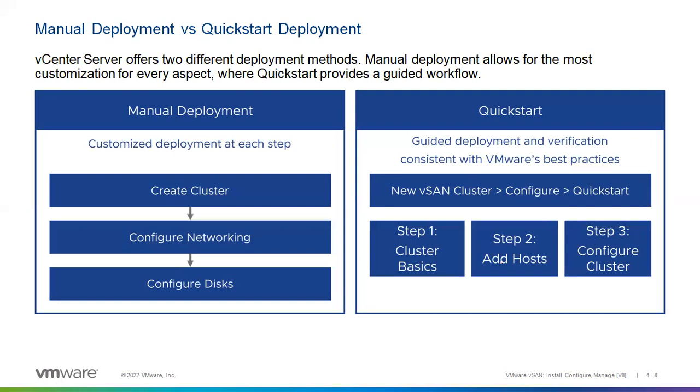The next one is the deployment method. Either you go for manual or you can go with the quick start deployment. In manual deployment, you customize and perform each step manually: create the cluster, configure it, identify the vSAN network, configure disk groups and all. This is in the UI itself, either manual or quick start.